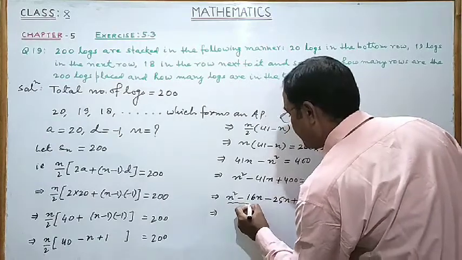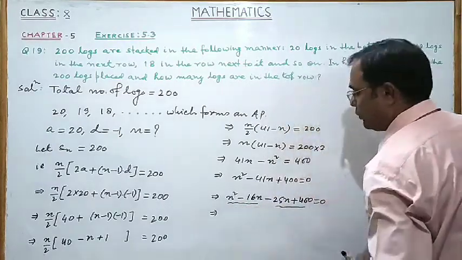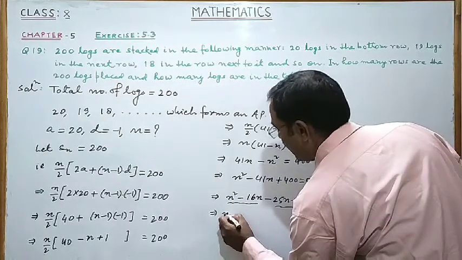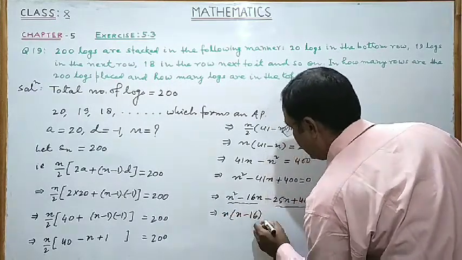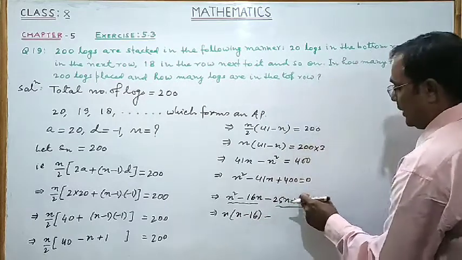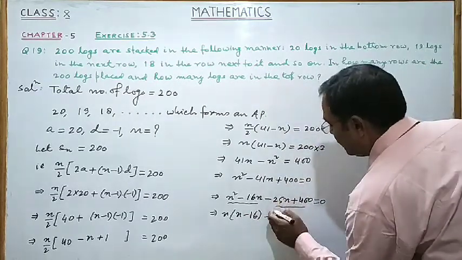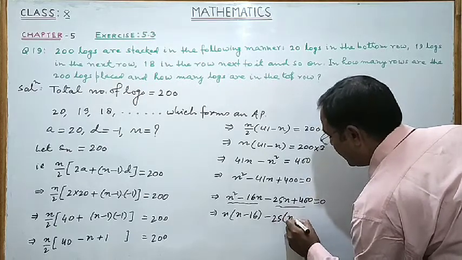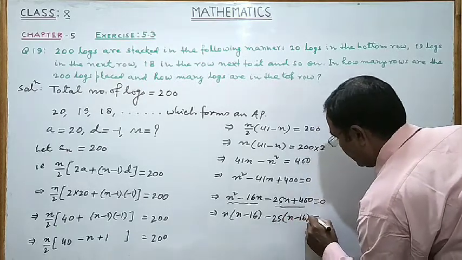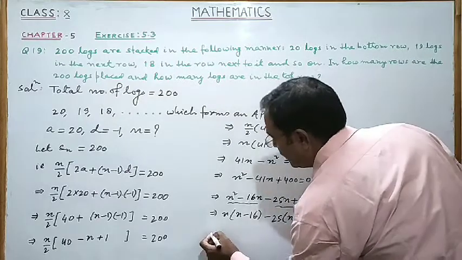Make two groups and take out common factors. n is common from the first group, so n minus 16 is left in the bracket, and minus 25 is common from the second group, n minus 16 is equal to 0.